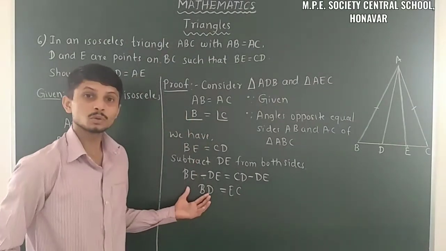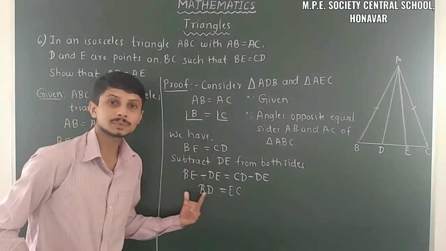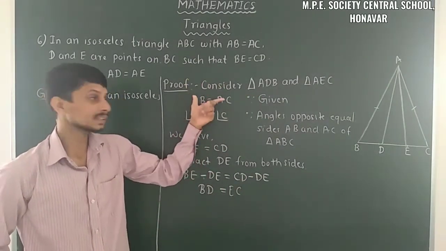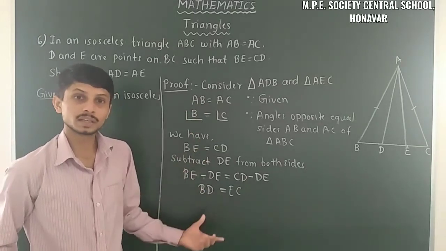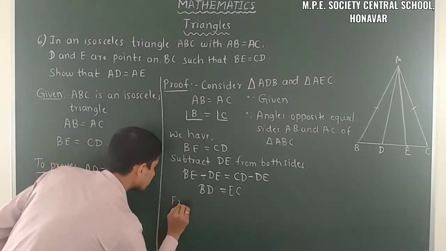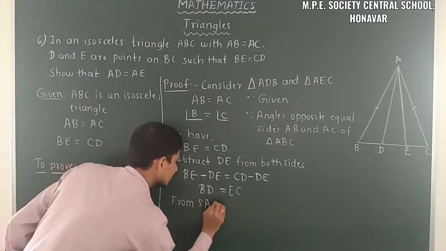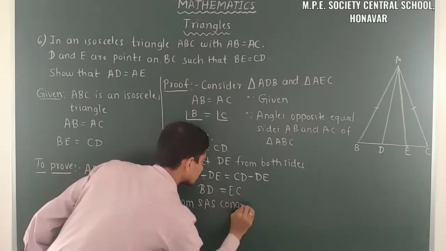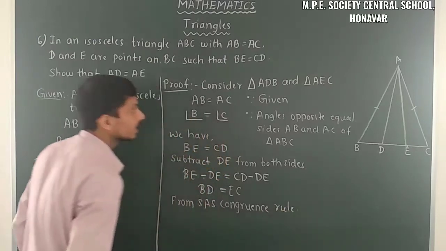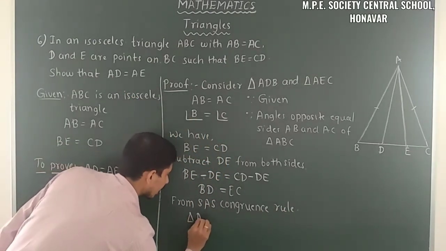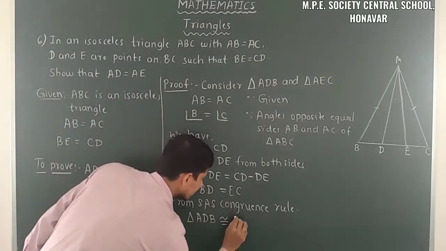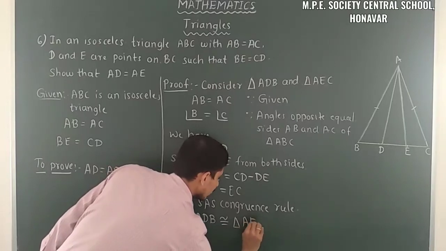So these two equalities become the corresponding sides of those two triangles. So from the SAS congruence rule, we can take those two triangles are congruent. Triangle ADB is congruent to triangle AEC.